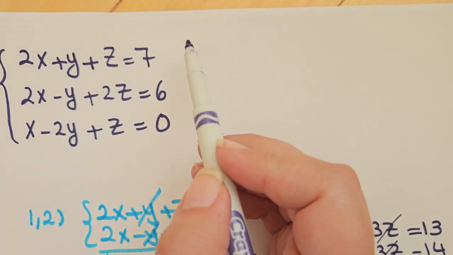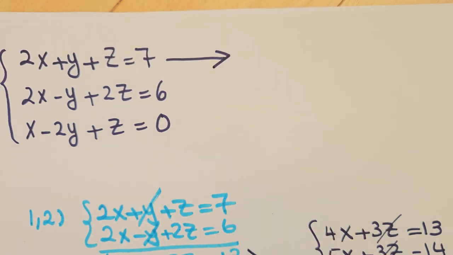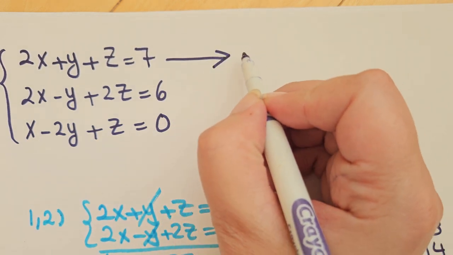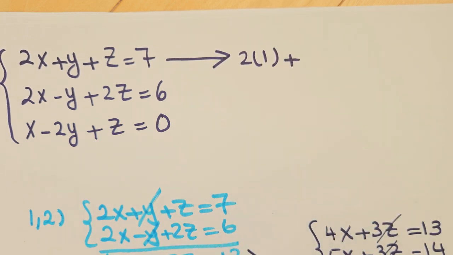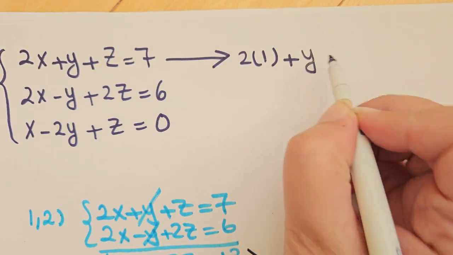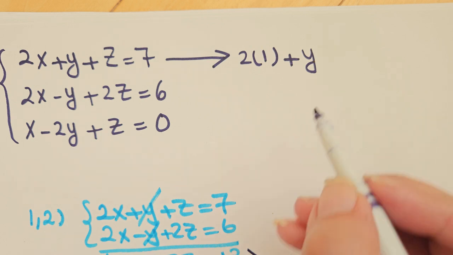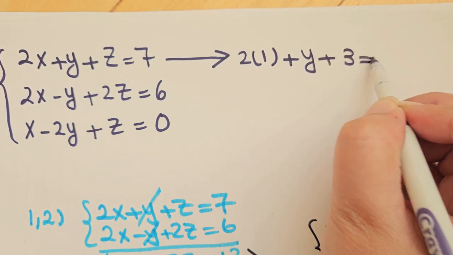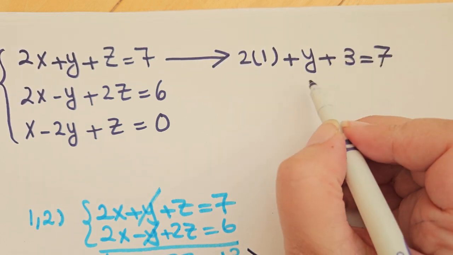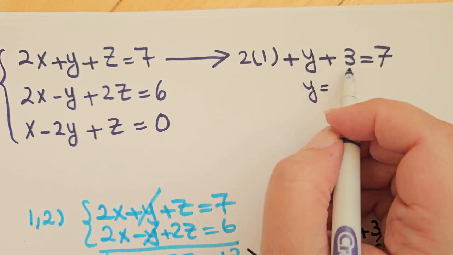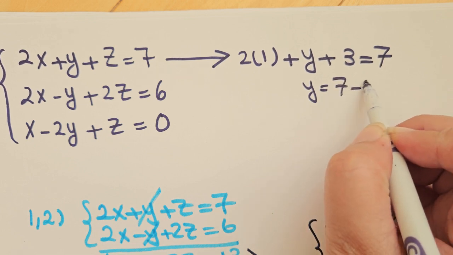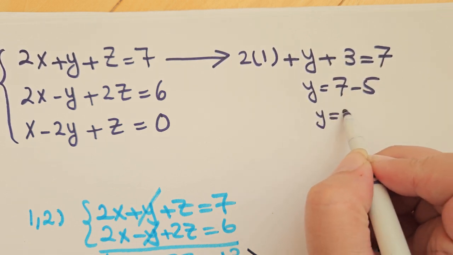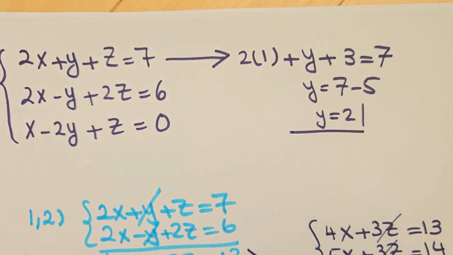I consider the first one. The x is 1, so 2 times 1 plus y, since I'm looking for the value of y, plus the z value 3, equal to 7. So y equals 7 minus 5, which is 2. So y would be equal to 2, right?